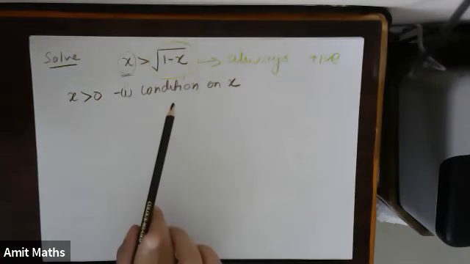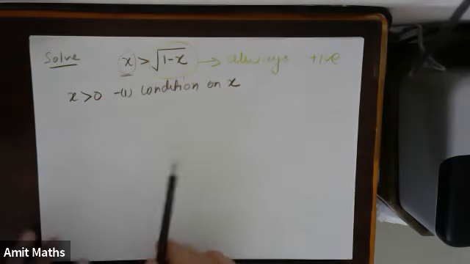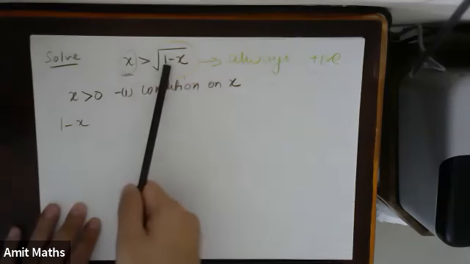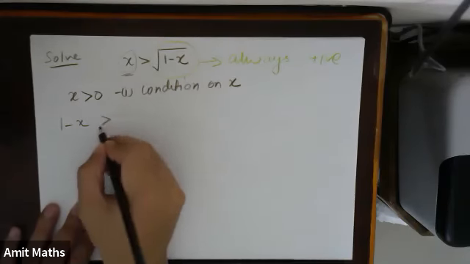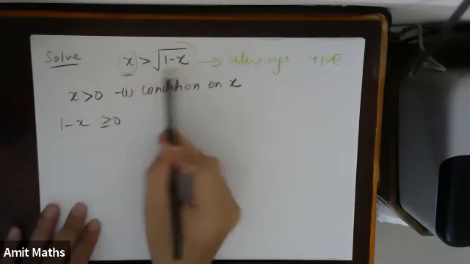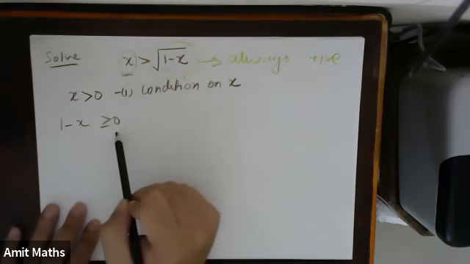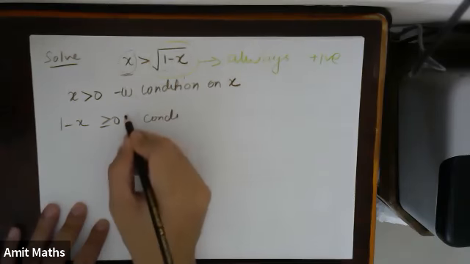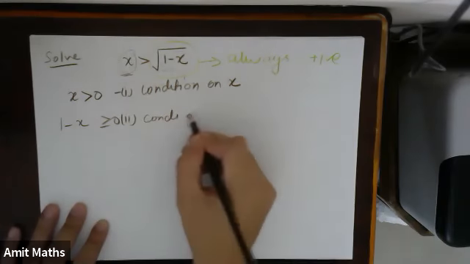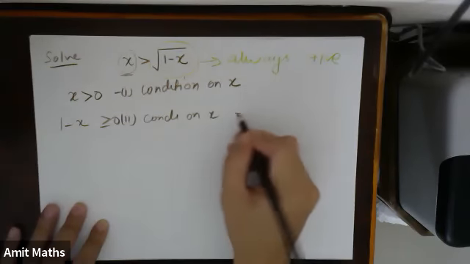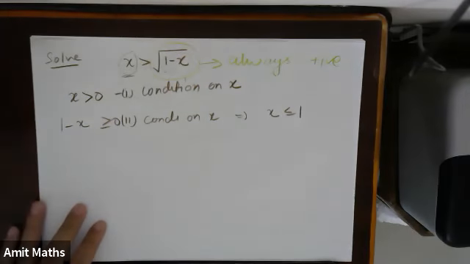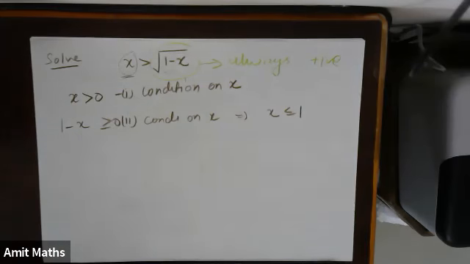The second condition will be that 1 minus x, what is inside the root, should be greater than or equal to 0. That means the second condition on x is that x should be less than or equal to 1.